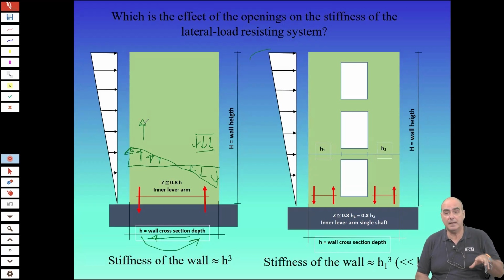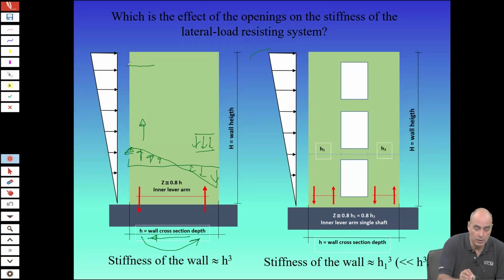As a matter of fact, if you look in the codes, the design recommendation for this kind of wall is that you identify here a region equal to 0.2 h.